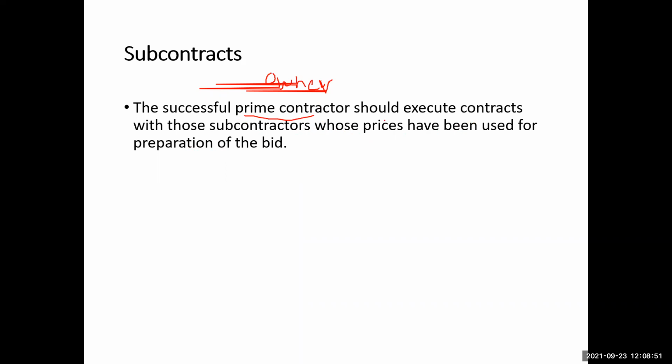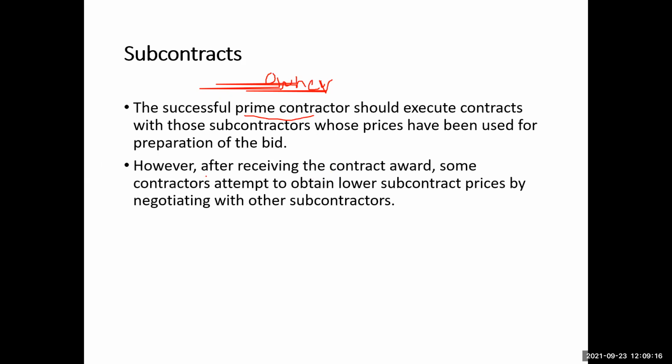That means, if you use the prices of some subcontractors, and then later on, after starting the project, you do not execute the contracts with those subcontractors, then it will be an unethical practice. So this unethical practice is called bid shopping.